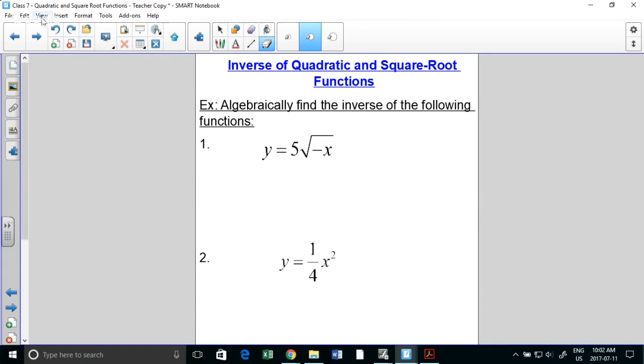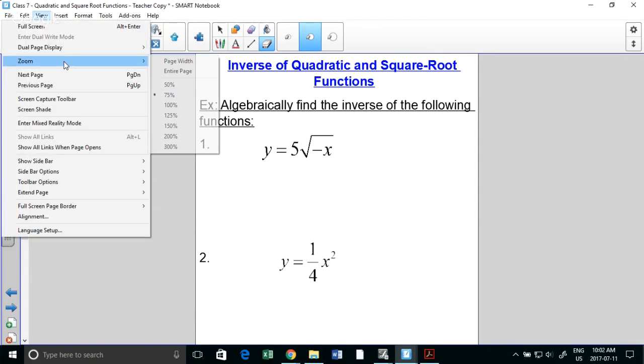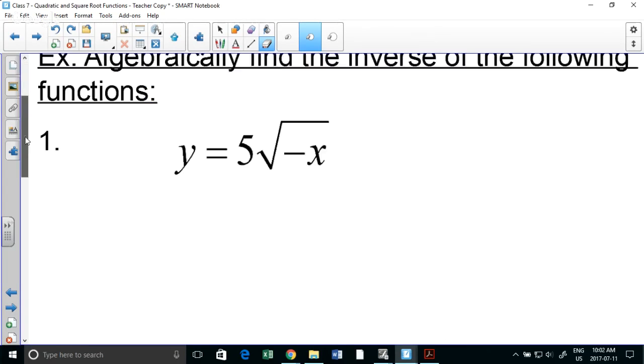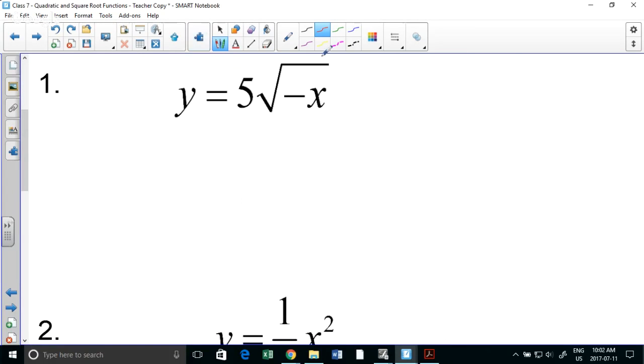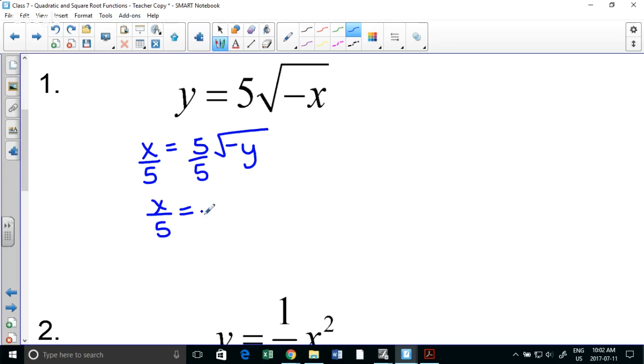So we'll just do a couple of quick examples of algebraically, again, finding the inverse. So inverse, switching x and y. So x equals 5 root negative y. Solving for y means dividing by 5. So I have x over 5 equals the square root of negative y. I'm going to take this and square it, square the whole thing.